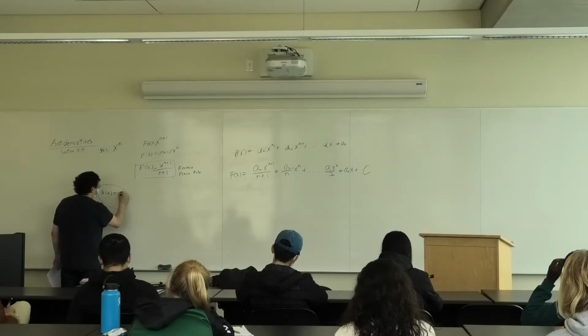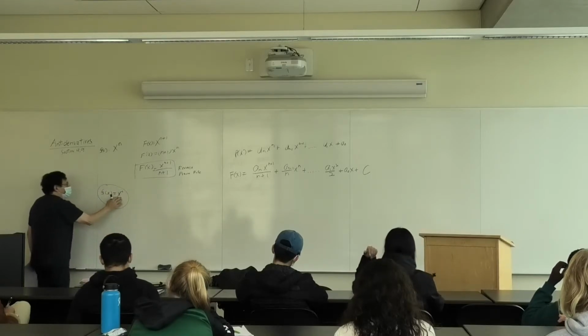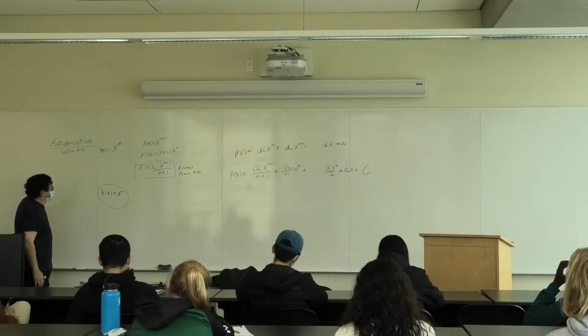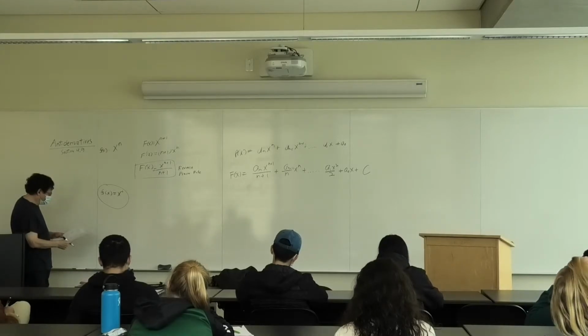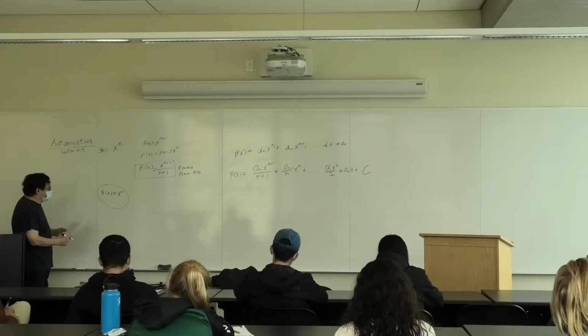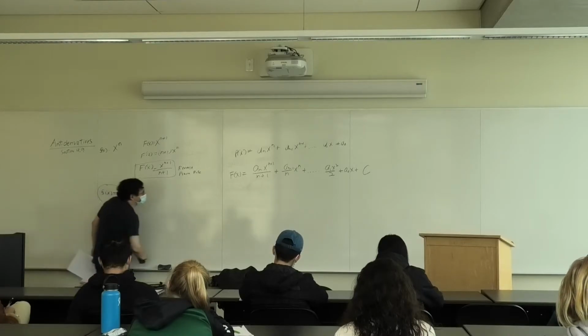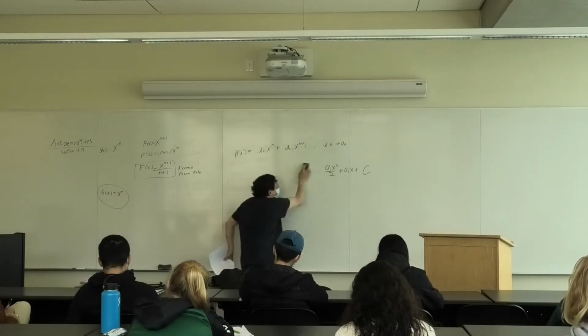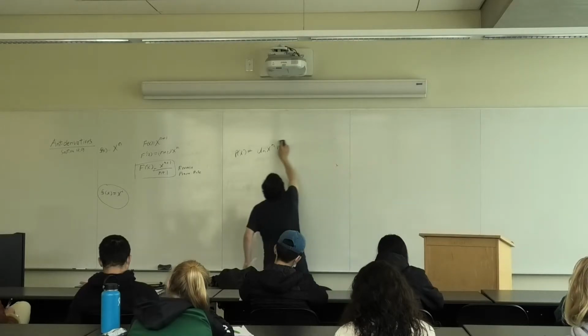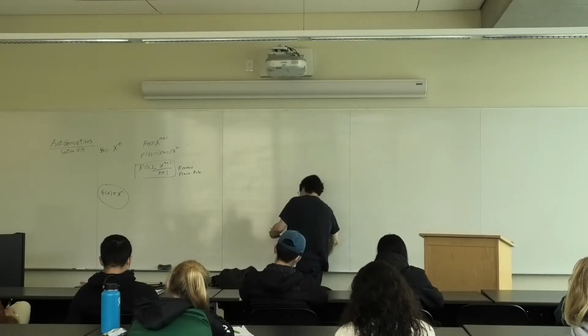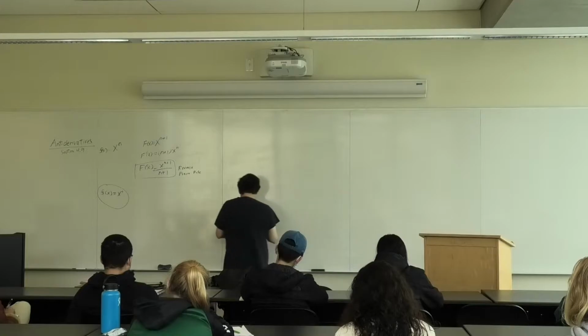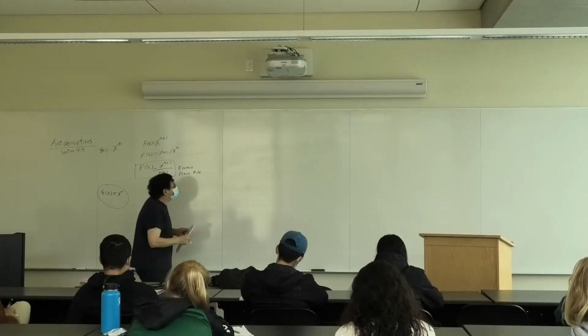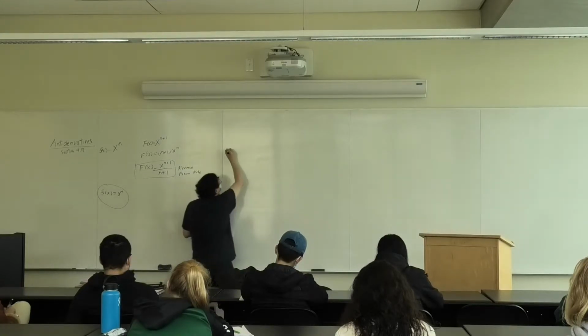Yeah, x to the minus 1. So we'll have to think about what the antiderivative of x to the minus 1 is. Okay, let's use this strategy, and again, let's kind of develop a table here.